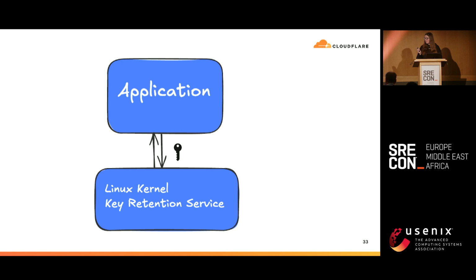It's still better than having your key written on the file system or in a database, because this way you can request the key each time you need it, and it will be limited to the process or user ID which is attached to the key ring. So if your process terminates or crashes, the key will be erased automatically from Linux, and it can't be accessed from any other processes.